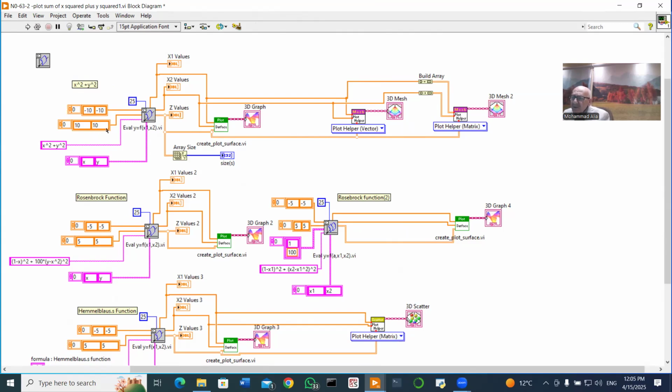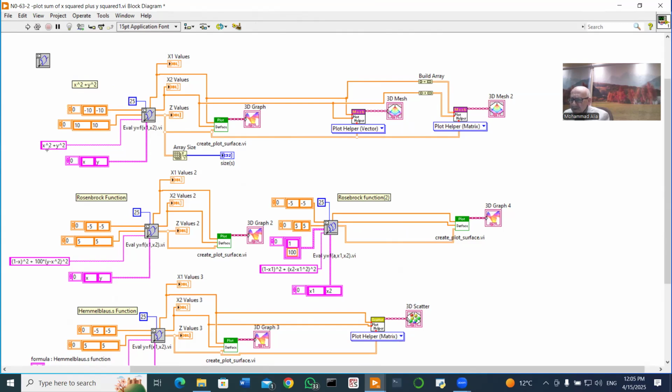So now we have defined the limits: the lower values of x and y, and the upper values of x and y. And what do we expect? We expect here at the output to have a variable which represents the mapping of the input to an output.